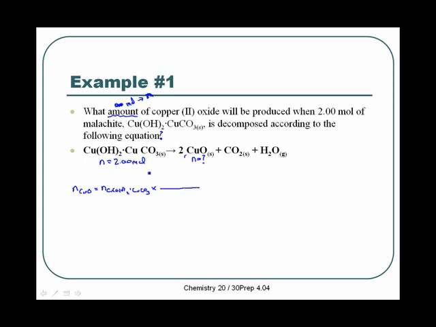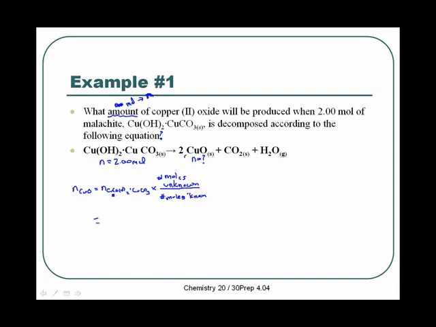Right now, I know the number of moles of my malachite. And so the mole ratio I'm going to use is set up like this. With the mole ratio of my unknown, so it's number of moles of the unknown divided by the number of moles of my known.